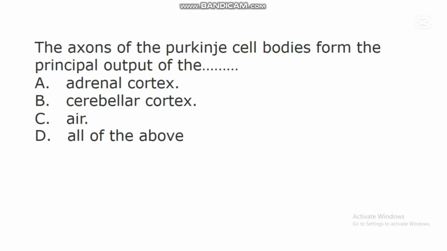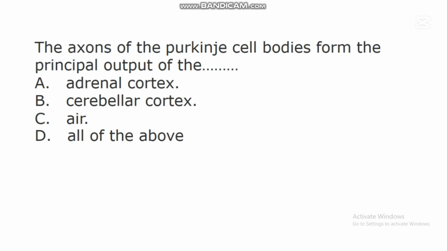The next question says, the axons of the Purkinje cell bodies form the principal output of the dash. A. Adrenal cortex. B. Cerebellar cortex. C. A. D. All of the above.